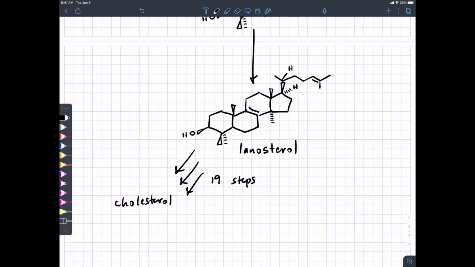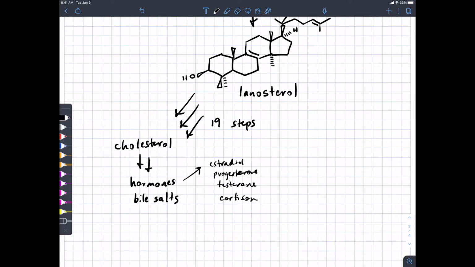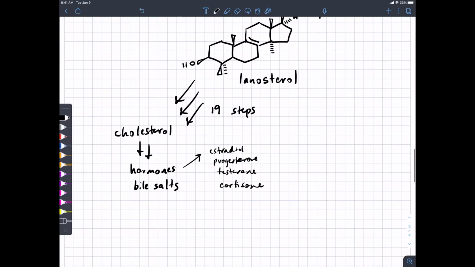And then from cholesterol, you can make other things like hormones, and you can make bile salts. And hormones include estradiol and progesterone and testosterone and also cortisone and some other variants.